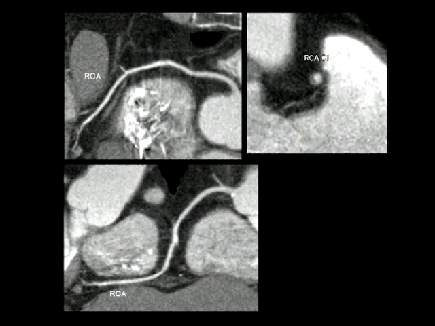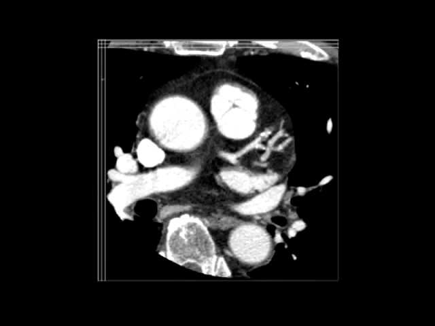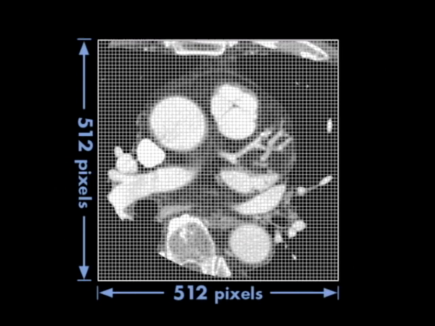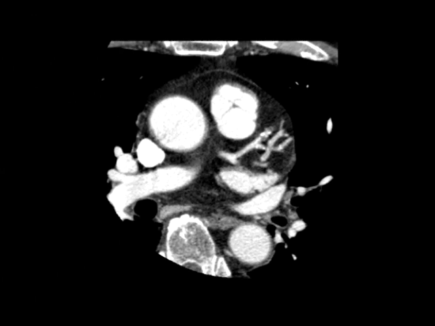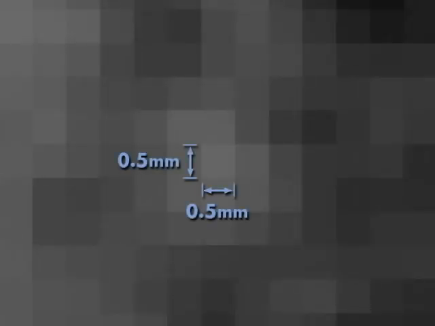What new technology has enabled this quantum advance in imaging capability? The CT screen has 512 by 512 matrix composition. The scan field of the heart is about 250 millimeters, so 1 pixel is equivalent to 0.5 millimeters.